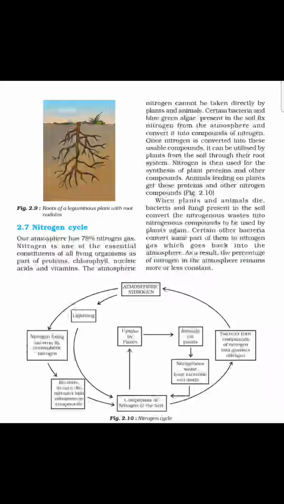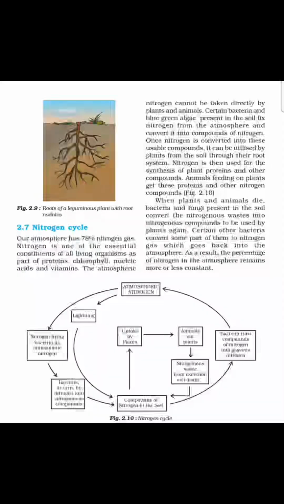And fifth one is animals eat plants. When animals consume plants, the nitrogen compounds are transferred to the animals' bodies. And the sixth one is waste and death, meaning decomposition. When plants and animals die, or when animals excrete waste, decomposers, various bacteria and fungi in the soil, break down this organic matter.